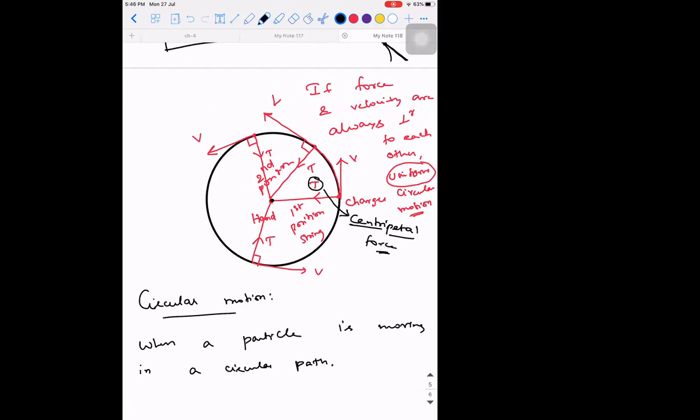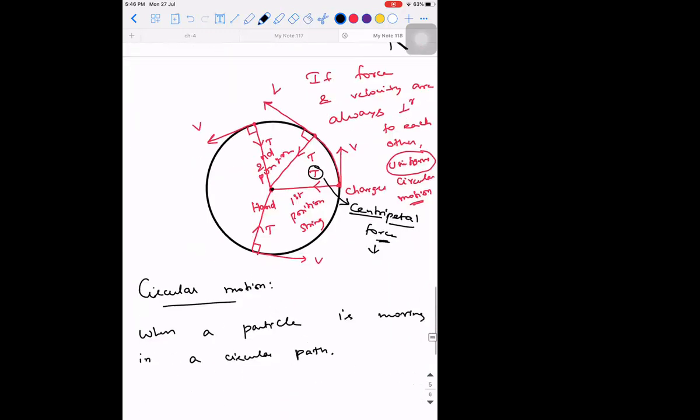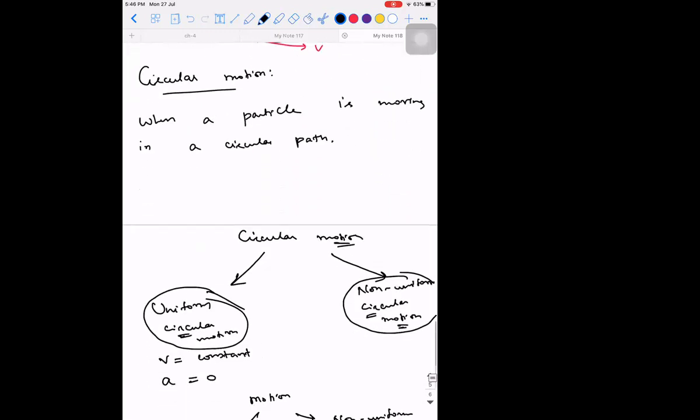This force is called centripetal force, and the acceleration that is acting towards the center is called centripetal acceleration. So for a circular motion, there are two types of acceleration that we will be describing. One is centripetal acceleration and the second is tangential acceleration.